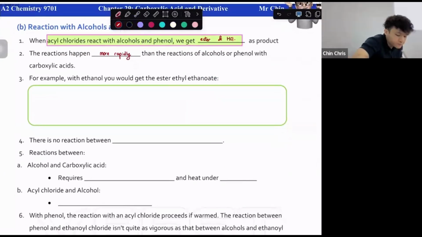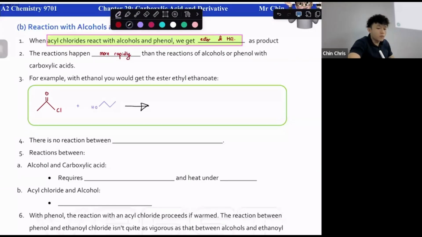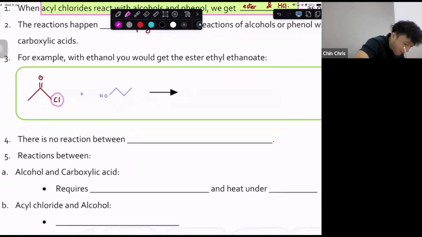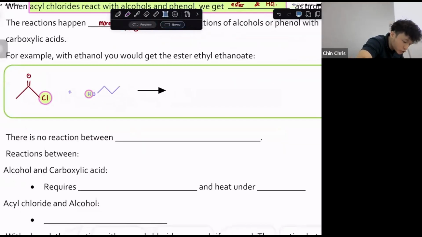Alright, guys, for example, draw an ester for me. Go. Okay, your Cl and this H has to be removed, so you just join them together.